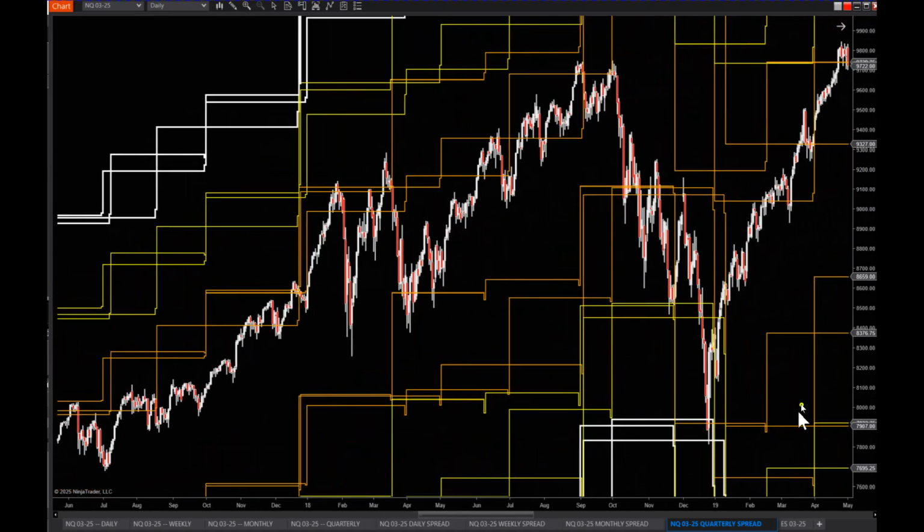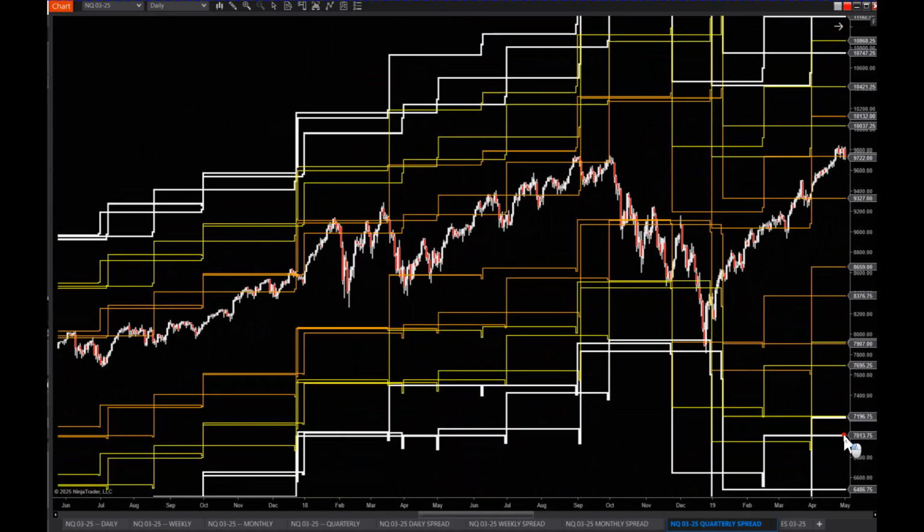Here we go. And it went right to the 3 times the range.